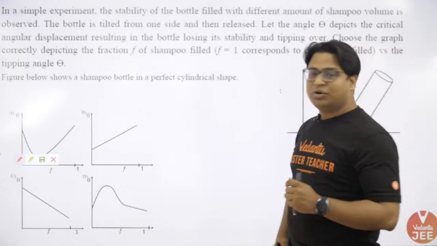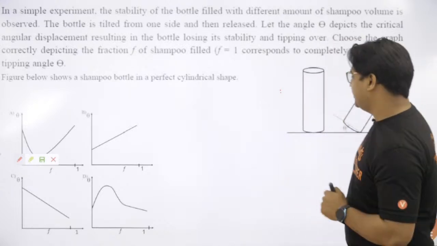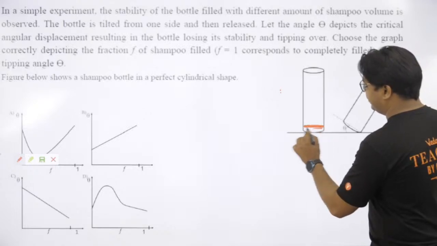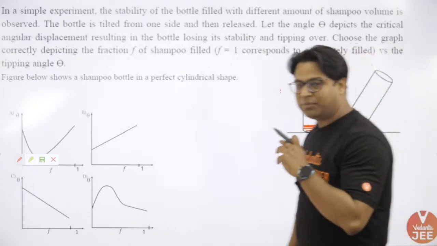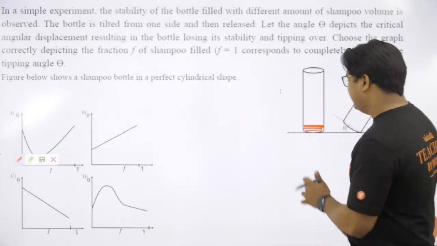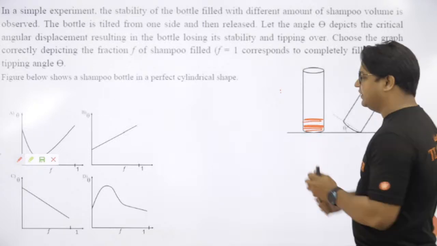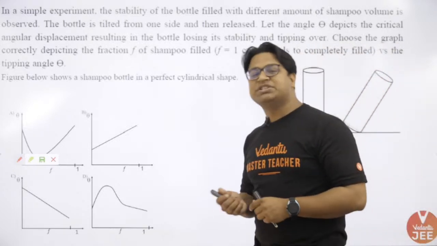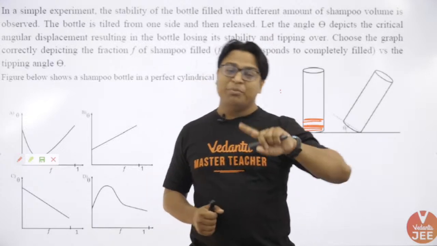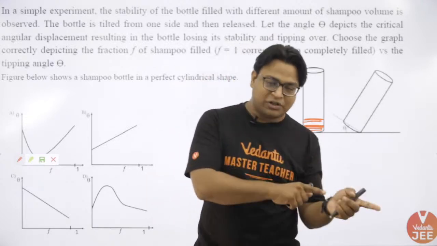Okay, so this is what we are doing, and then we are repeating the experiment. We filled the bottle with some amount of liquid, and then we repeated the experiment. Then we added some more liquid, then we did the experiment again. So each time we are noting down the angle at which the bottle becomes unstable and falls down.